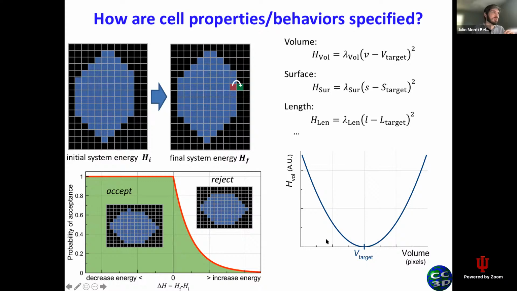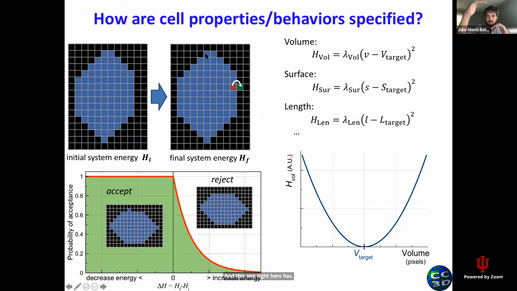Okay, so the way this works is you compute the moment of inertia of the cell, okay, and you find the major and the minor axis, okay, and then you match the major axis length to this target length, okay. So you won't say that the cell should have a major axis of length of, I don't know, 20 pixels, and this one right here has 15 pixels more or less, okay?